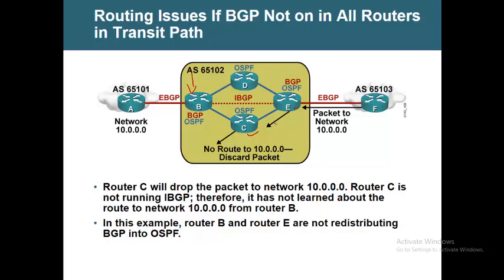No, because we did not learn other autonomous system networks on D and C. We don't run BGP, so D and C never learned those external routes. D and C have never learned a 10 network. So what will happen is packet gets dropped.